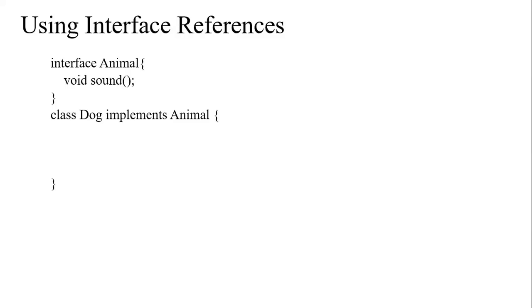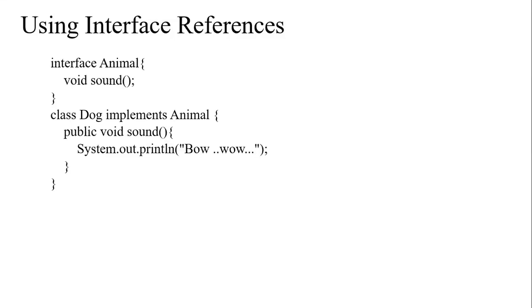There is a class called dog which implements this particular animal interface. Right? So which method does it have to override now? That particular void sound. If you want to override, what has to be written? Public void sound. Right. So I wrote that one and gave some definition. I am done with the interface, done with the abstract method in the interface, and implemented that particular interface by a class called dog.